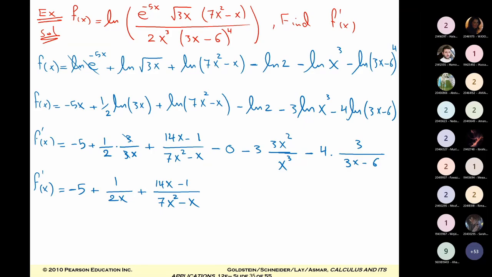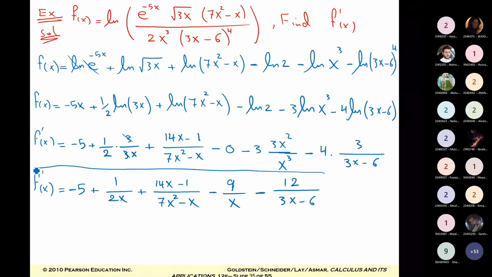And this is minus 3 multiply 3, 9, x squared over x to the power 3 is 1 over x. Remove x squared with x squared in the denominator, so we have x in the denominator. Minus 4 multiply 3, 12 over 3x minus 6. We can also take the 3 as a common factor and remove it with 12 to make it simpler.